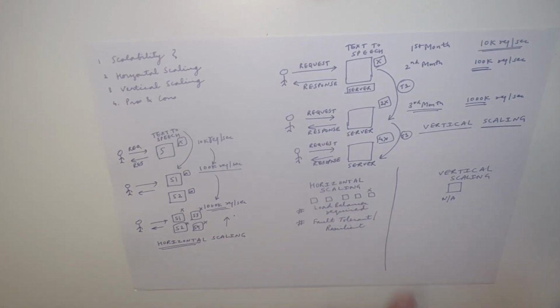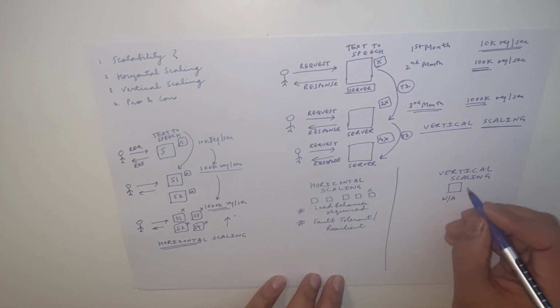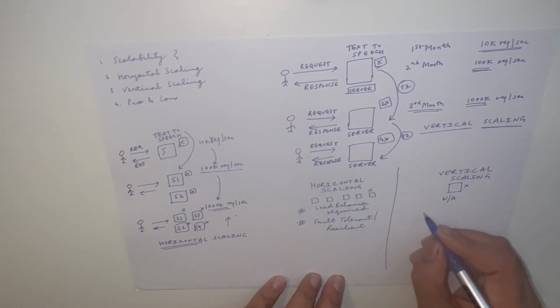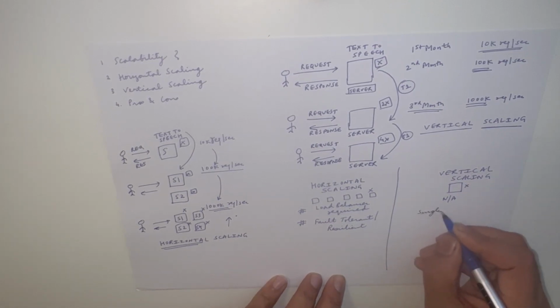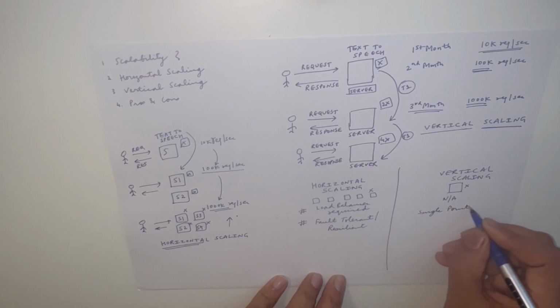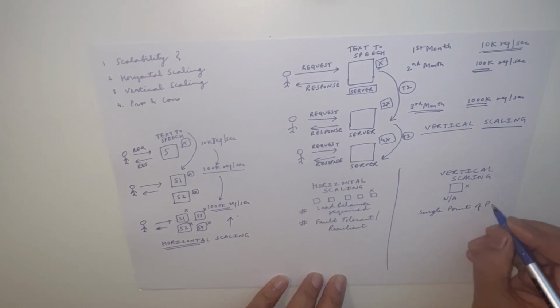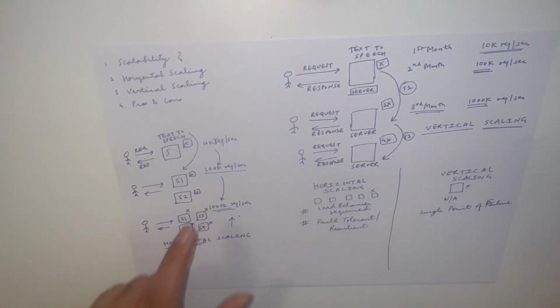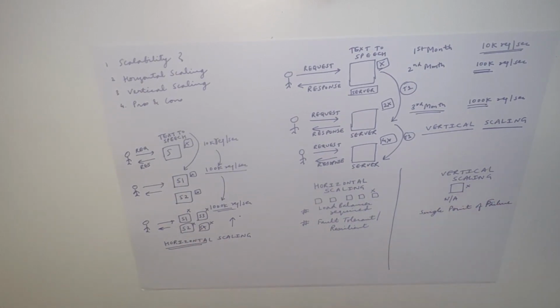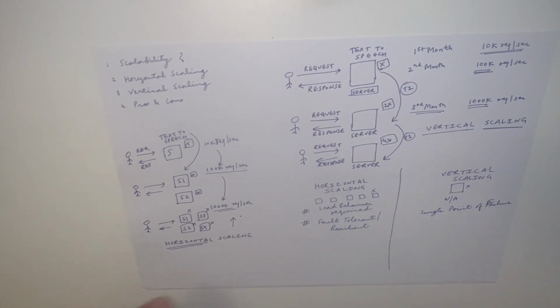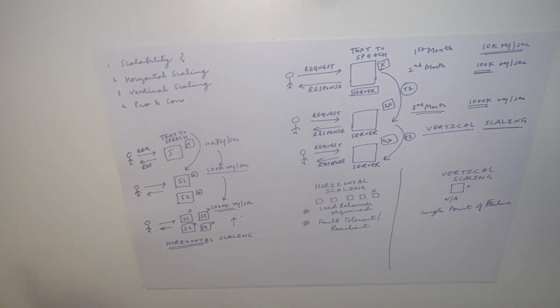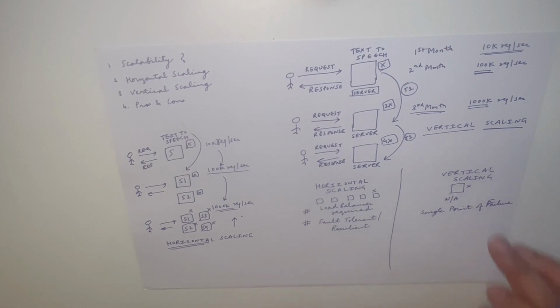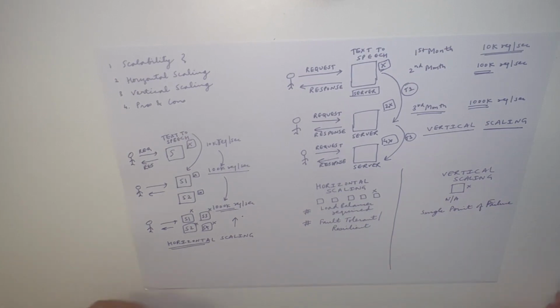In terms of vertical scaling, because you're always working with a single instance, and if this goes down, you're basically working with a single point of failure. So at any given point in time, if this single instance goes down because of memory issues, or it's just power failure, this particular service is no longer going to be available.